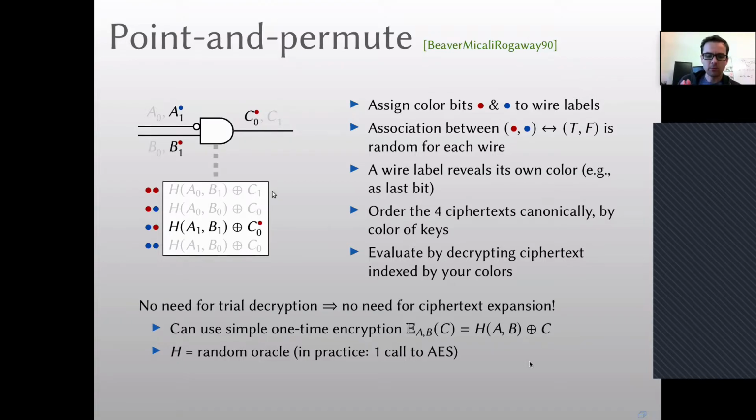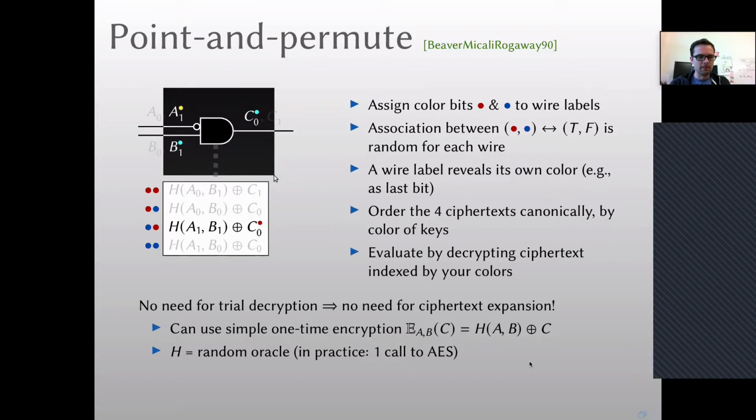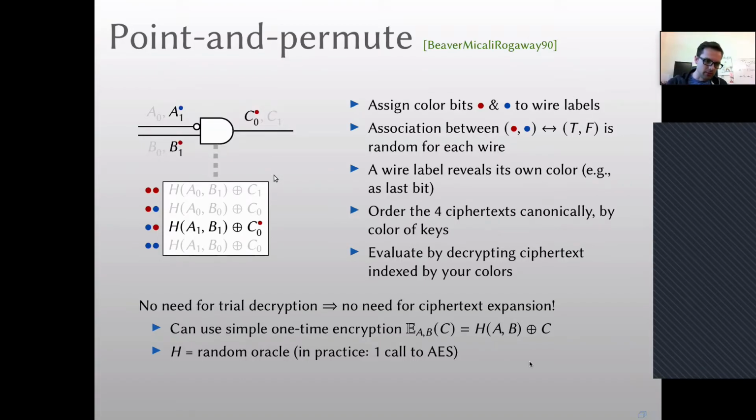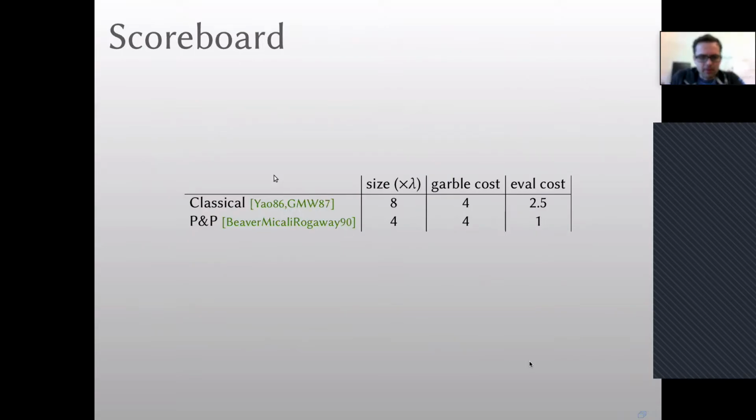So if a wire label is 128 bits, then each of these 4 ciphertexts is 128 bits. And hopefully it makes sense that you can use a one-time encryption, because garbled circuits can only be used once, and when you use this garbled circuit once, you only evaluate this gate once. So this is a nice simple trick, and here is the result of that trick.